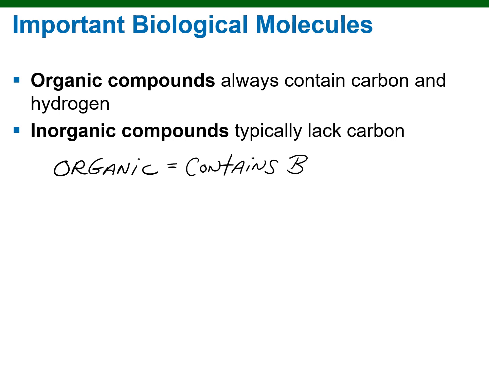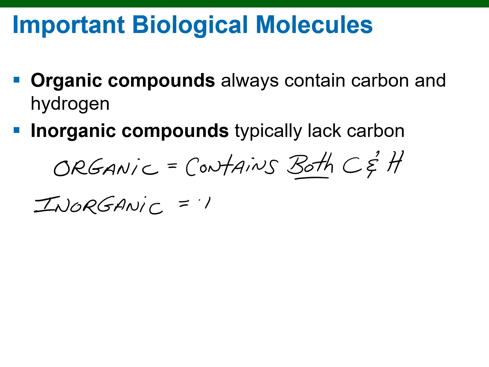Let's underline the word both just to make sure we know it's both C and H simultaneously. On the other hand, inorganic does not contain both carbon and hydrogen at the same time.